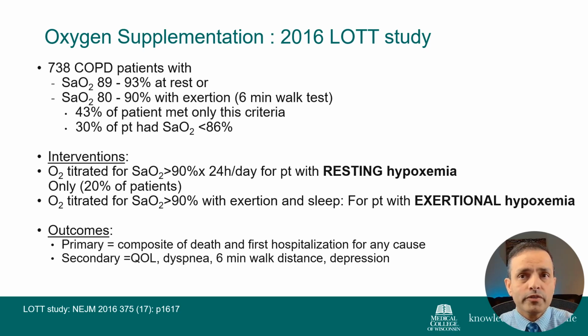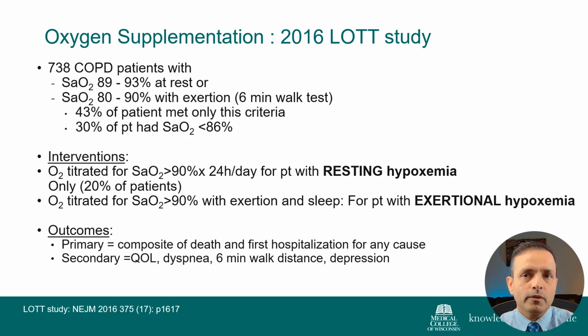They included more than 3 times as many patients as the original study, 738 COPD patients. They included saturation 89 to 93 at rest, and then 80 to 90 with exertion after a 6-minute walk test.